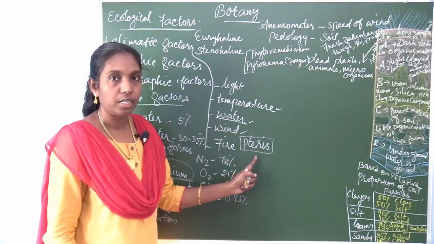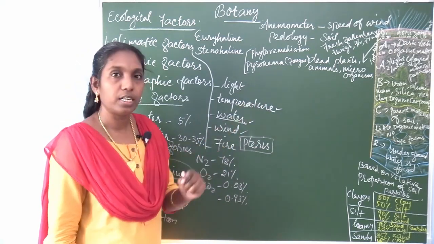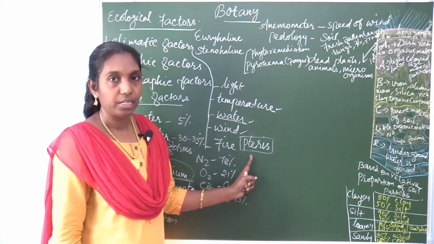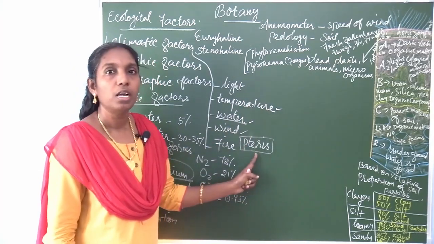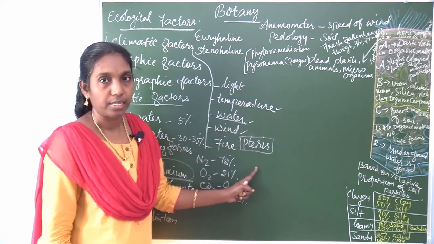Pteris is a fern and Pyronema is a fungus. These two are examples of fire indicators.